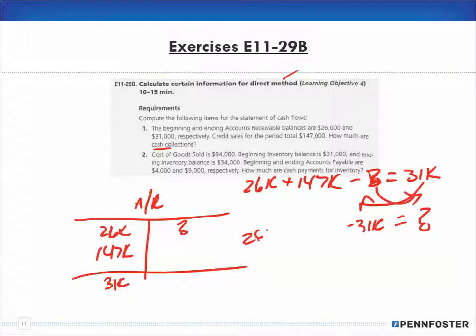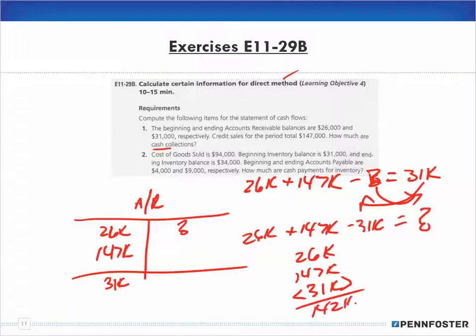So we have 26,000 plus 147,000 minus 31,000, and that will equal 142,000. So that's the amount of the cash payment for our accounts receivable.